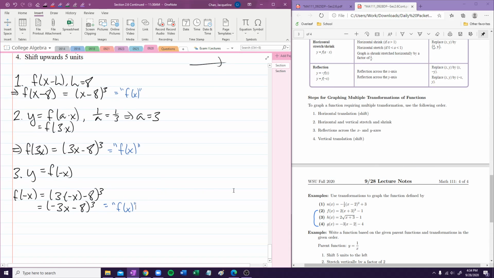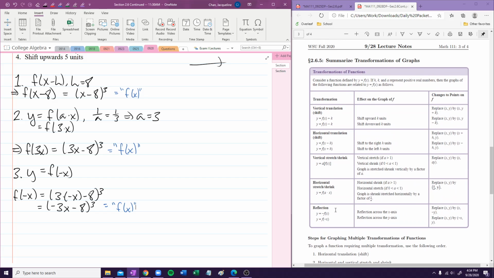Lastly, we want to shift upward 5 units. Shifting up or down is a vertical translation. It is affecting my y values. So we're talking about k here, and it is represented by y is equal to f of x plus k. In our case, k is equal to 5.